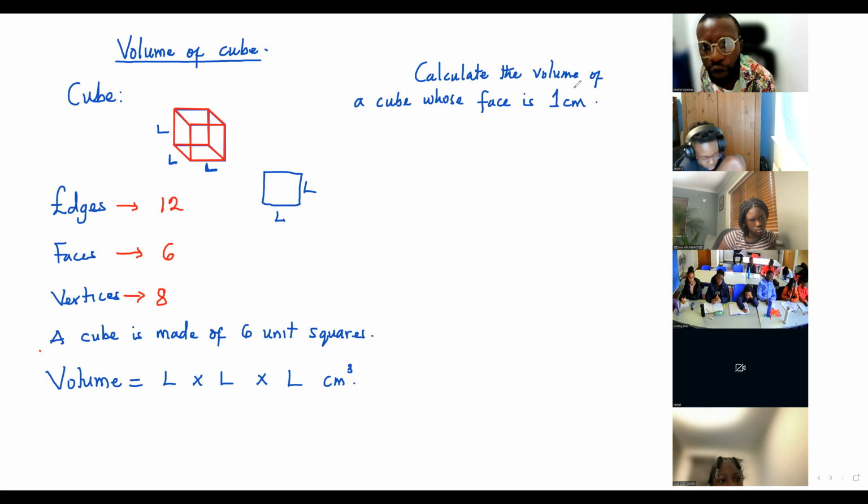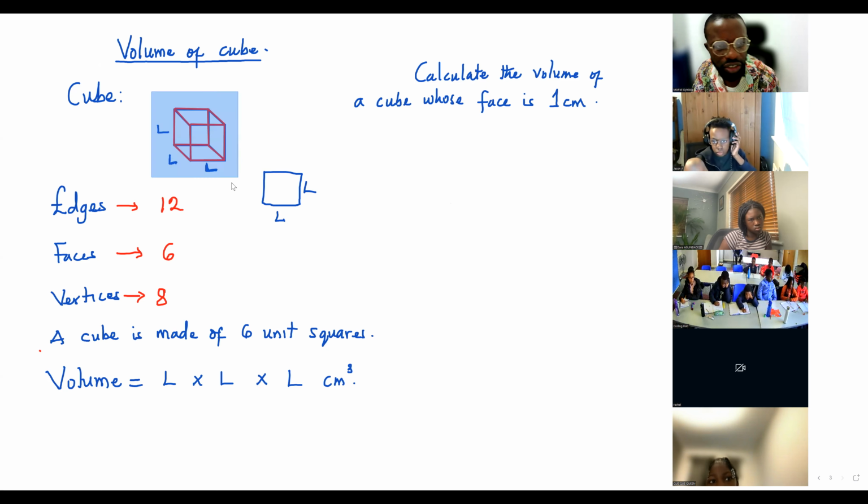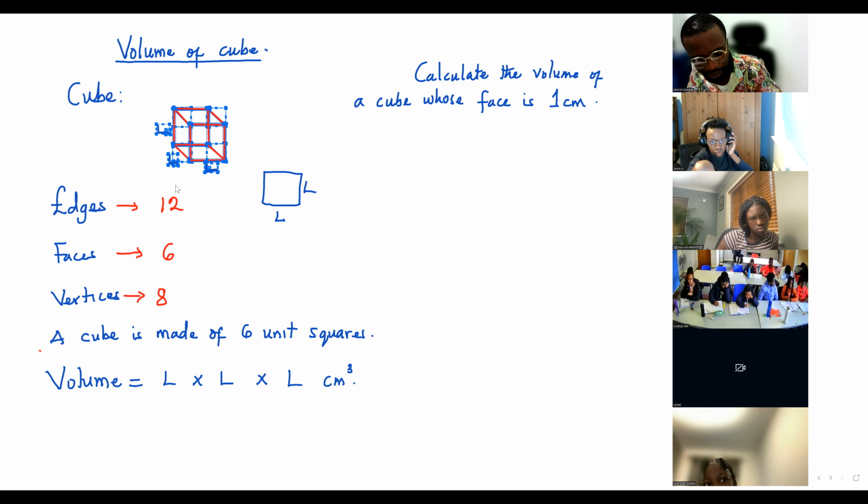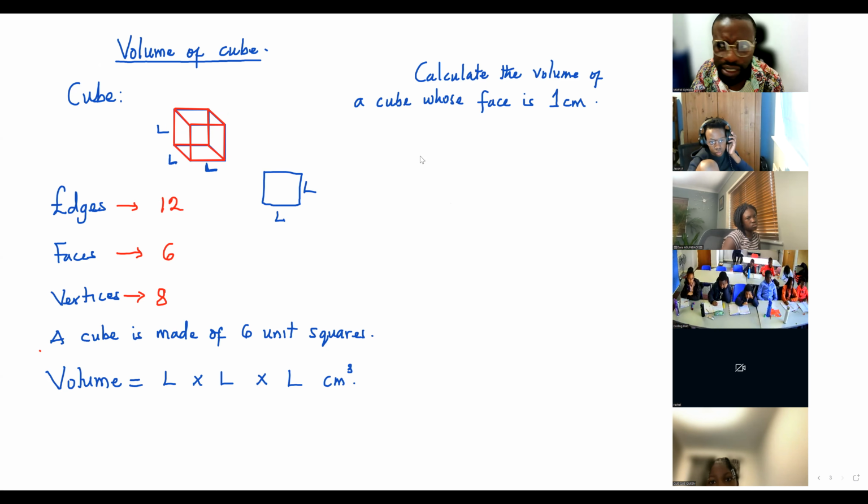Calculate the volume of a cube whose face is 1 cm. We've got a cube, the face is 1 cm. So what we need to do is say, what is the volume?